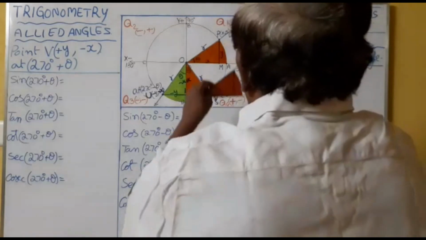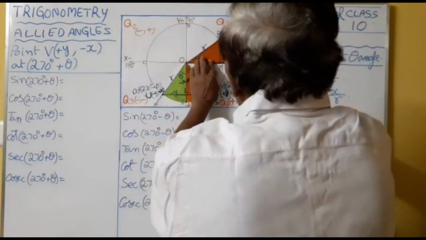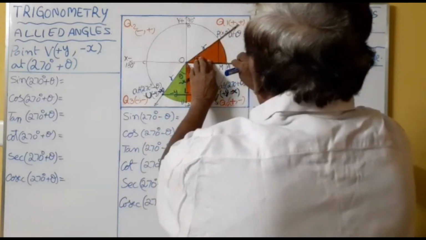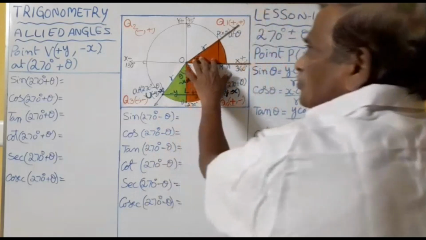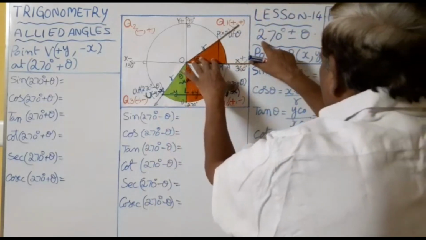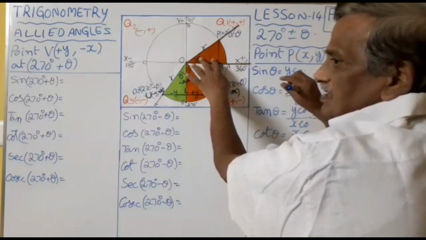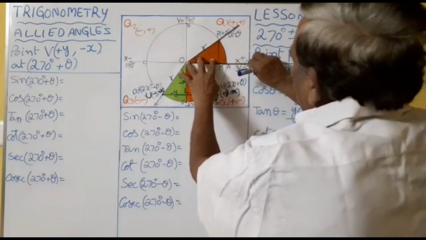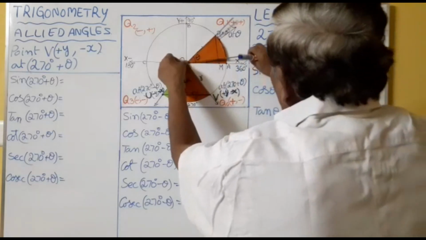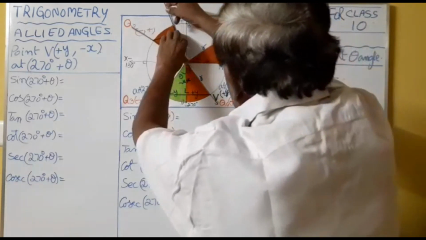Now, place the sector here. Since we are going to study the allied angles 270 plus or minus theta, we have to rotate the sector through 270 degrees.